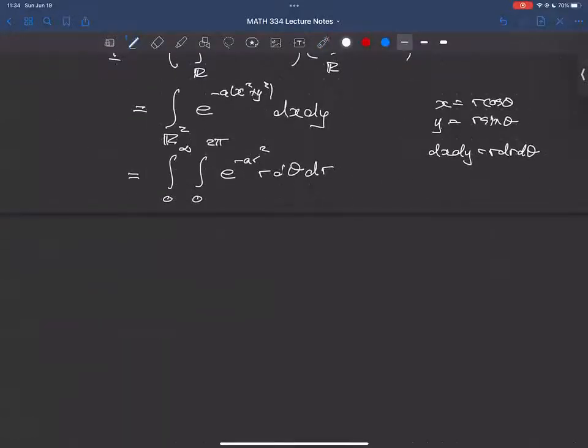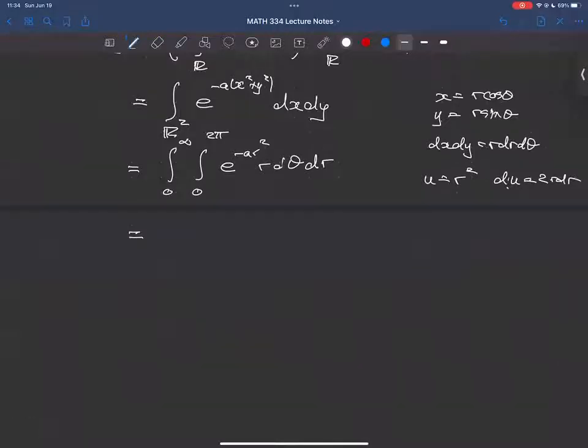All right, so now I will integrate this with a change of variable. I'm going to use a change of variable of u is equal to r squared. And so du is 2r dr. I like that because it's r dr. Oh, sorry.